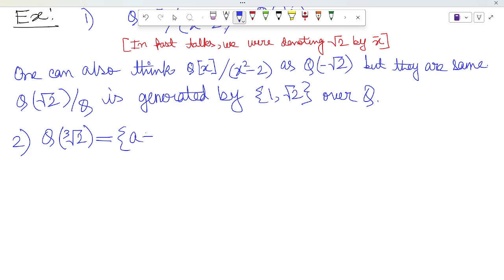That will be A plus B. That is the correct thing. But the isomorphism needs to be checked here.